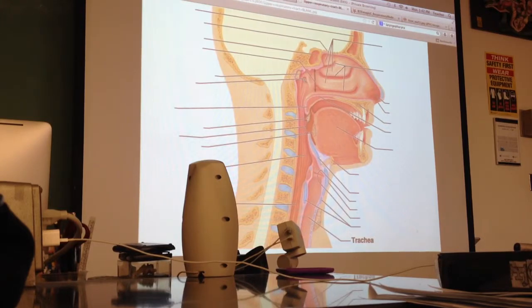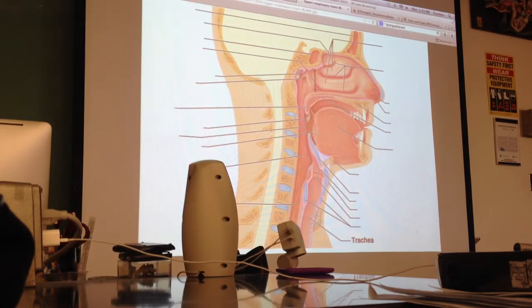All right, next we have the pharynx. So what I'm going to do is show you the upper and lower boundaries of the pharynx. The pharynx is the system that's shared by both the respiratory and the digestive systems. So it's basically a passageway where both food and air are supposed to go.